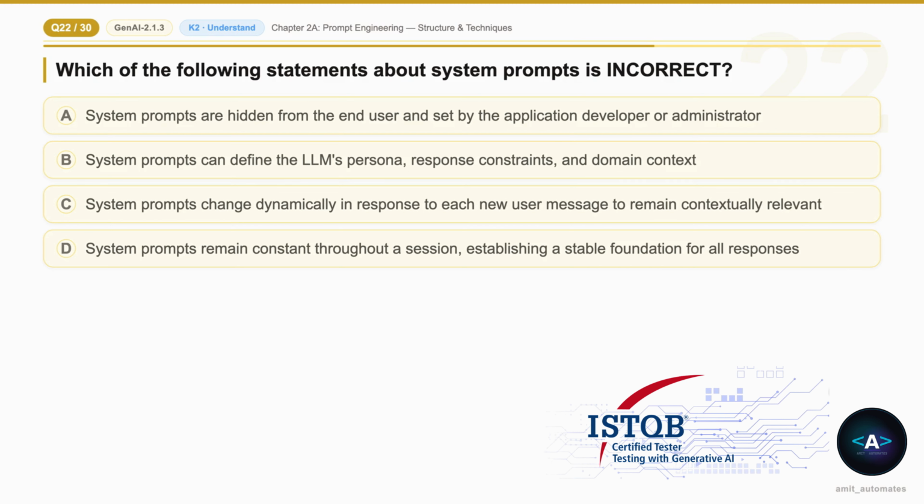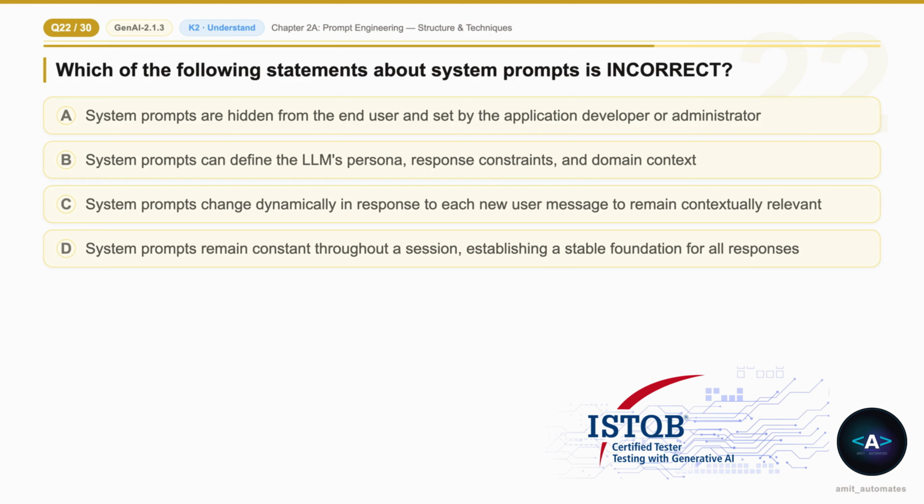Question 22. Learning Objective GenAI 2.1.3. Difficulty Level K2. Which of the following statements about system prompts is incorrect? Your options are: A. System prompts are hidden from the end user and set by the application developer or administrator.